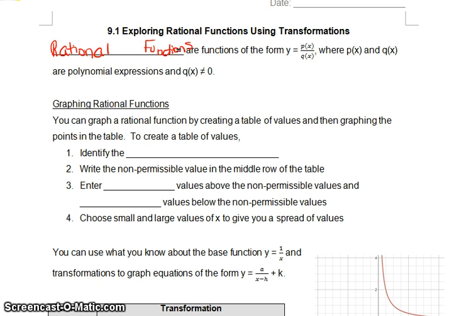Rational functions are functions in the form y is equal to some function p of x divided by some function q of x, where p of x and q of x are polynomial expressions. And one important restriction here is that q of x cannot be equal to 0.